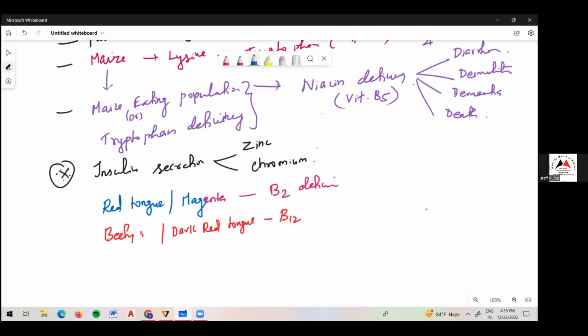Raspberry or strawberry tongue, scarlet fever. So red tongue, magenta tongue is seen in vitamin B2 deficiency. Beefy tongue and dark red tongue are seen in vitamin B12 deficiency. Raspberry tongue, strawberry tongue is associated with scarlet fever.